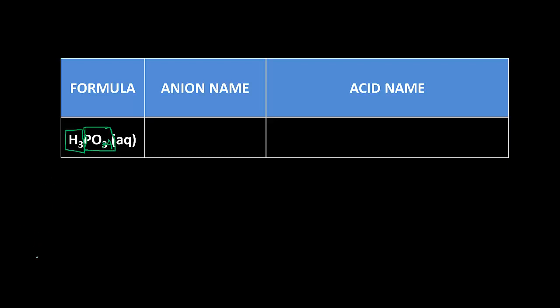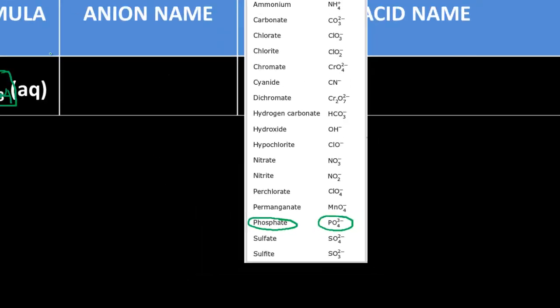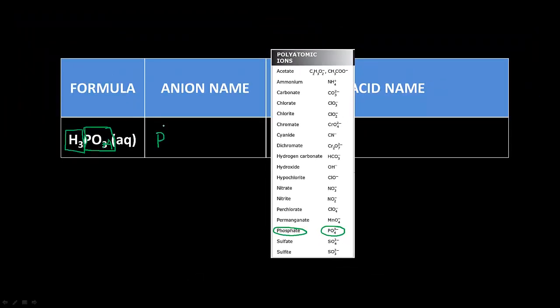PO4 we know is a polyatomic because there's more than one atom. So we look under our polyatomic ions, and right here is PO4, and it is called phosphate. So our anion name is phosphate.